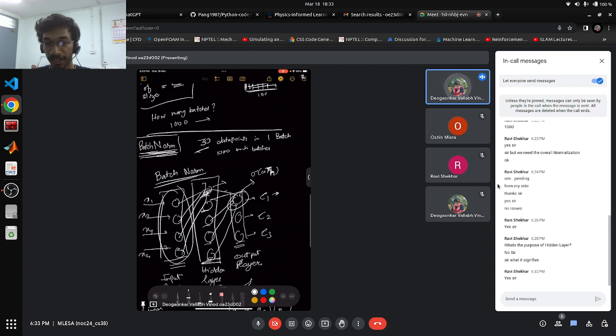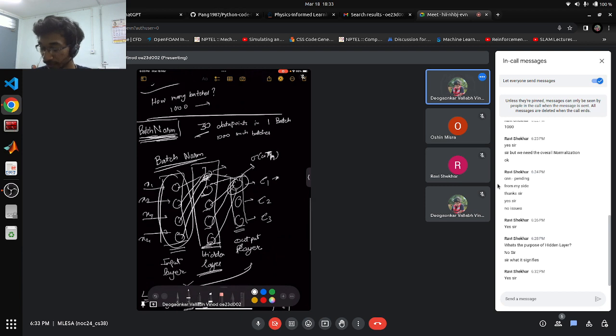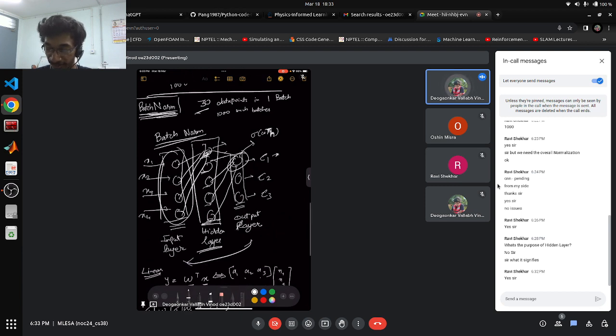Whenever I get one batch as the input, I'm getting 30 of these x1 values, similarly 30 of these x2 values, 30 of these x3 values, and 30 of these x4 values. I'm normalizing these with respect to all those 30 values, and then passing those as the inputs.